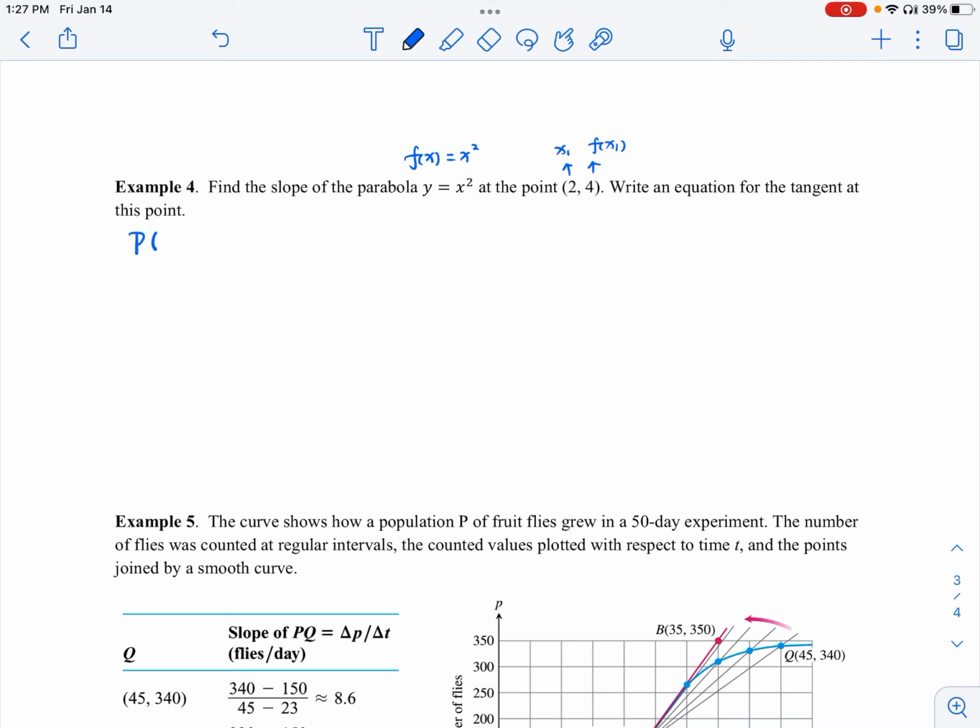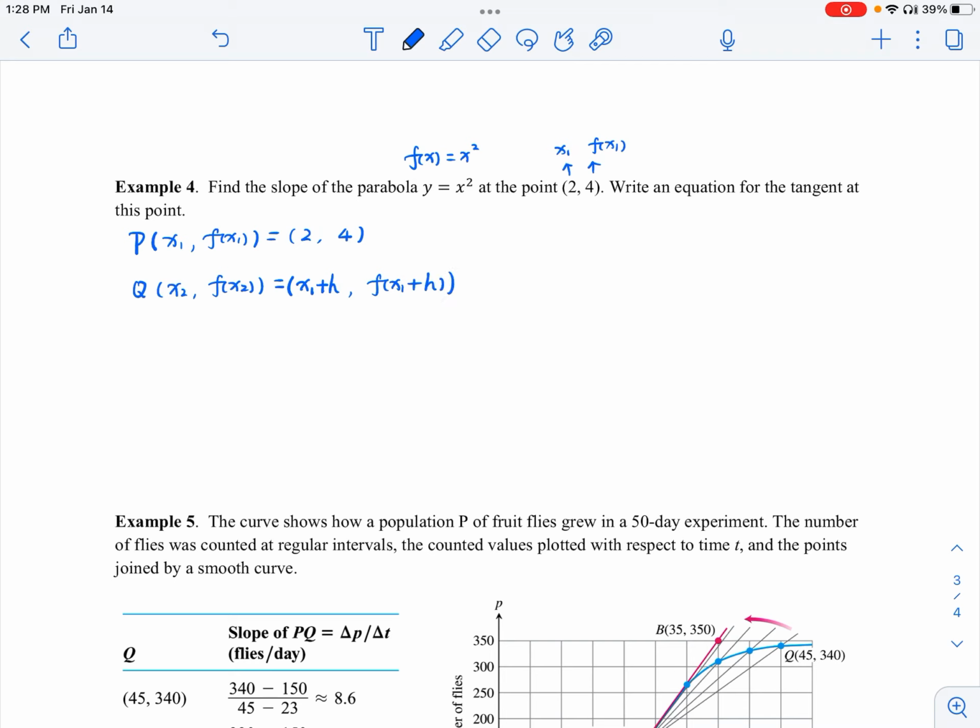One point is the given one, which is x1, f(x1), that is (2, 4). Then the other point we consider Q, x2, f(x2). And this Q is a point very close to P. So we can write 2 plus h, which is x1 plus h and f(x1 plus h).